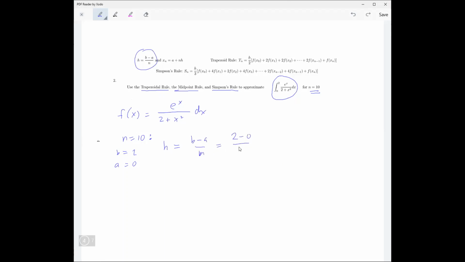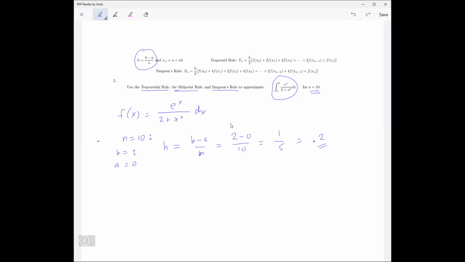That's going to be 2 minus 0 over 10. So that's going to be 1 over 5, which is 0.2. So the h is going to be 0.2. Is it easier to do with decimals or with the fractions? Decimals. Okay.